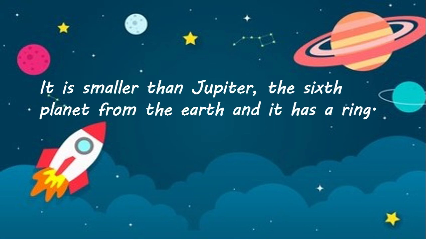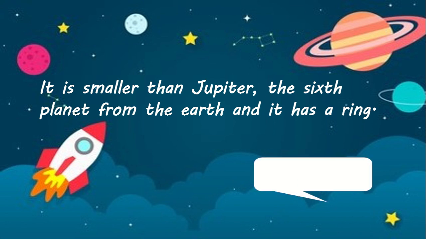Now, another one. It is smaller than Jupiter, the sixth planet from the Earth, and it has a ring. Which one? Smaller than Jupiter? And the sixth planet from the Earth.